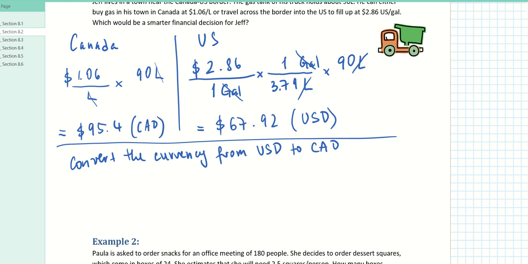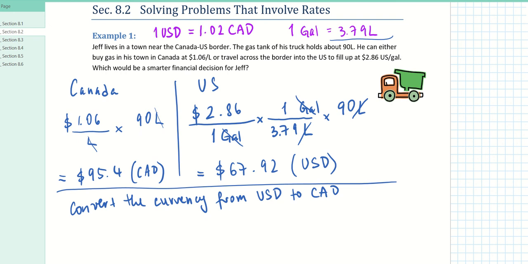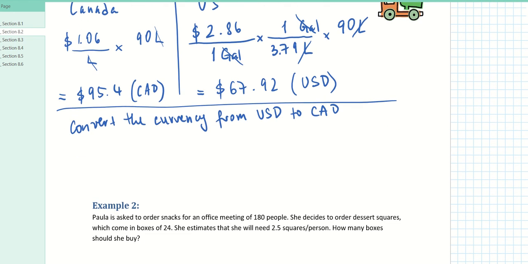Well, if I use the rate that I already had in my example, this rate right here. You can do this calculation on your own at home and use the current conversion rates for the currency, and see if it's feasible. Well, right now the borders are closed, but nevertheless, that's something that we can do because we do live close to the US border. So let's take the 67.92.